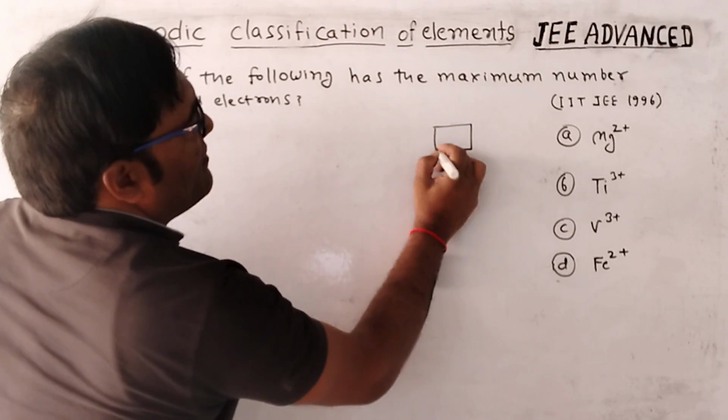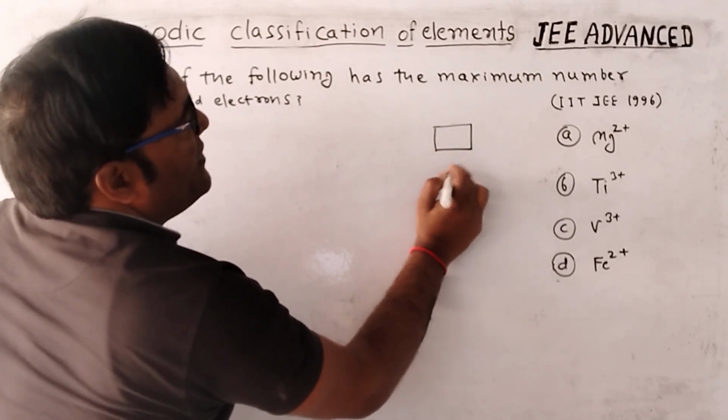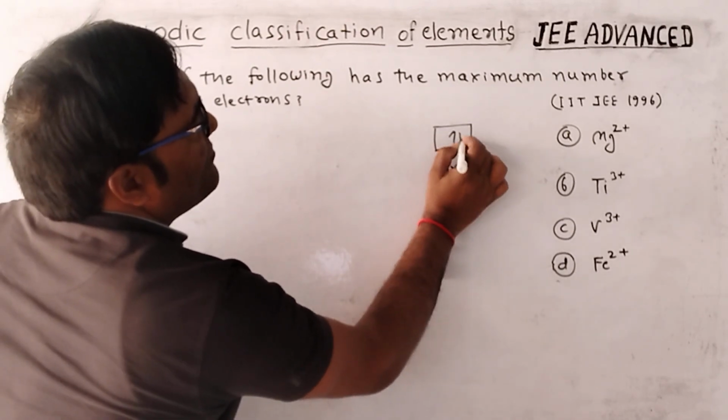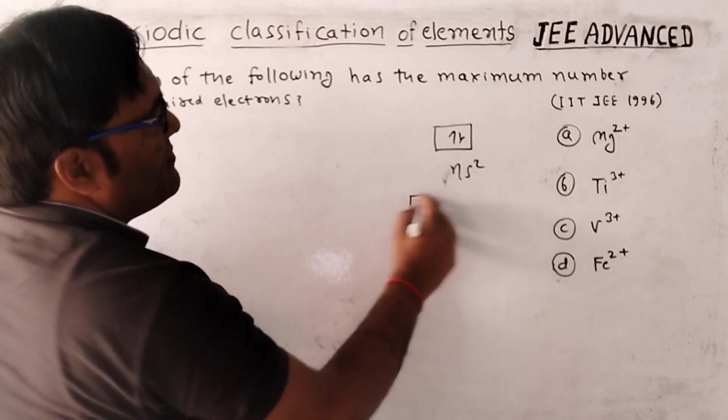So, in case of the first option, paired electrons are present.